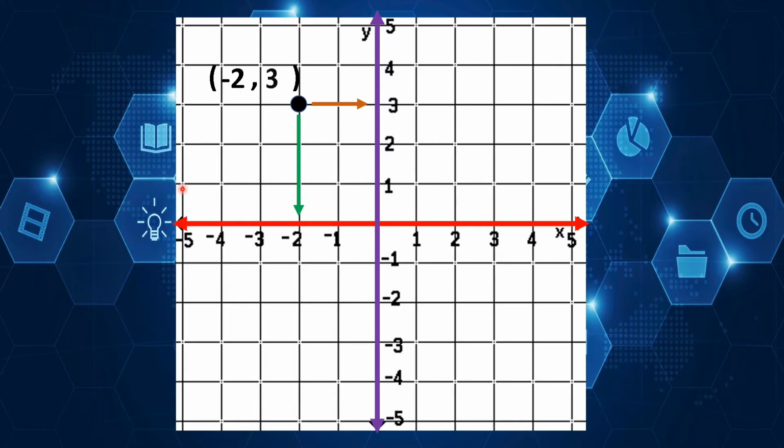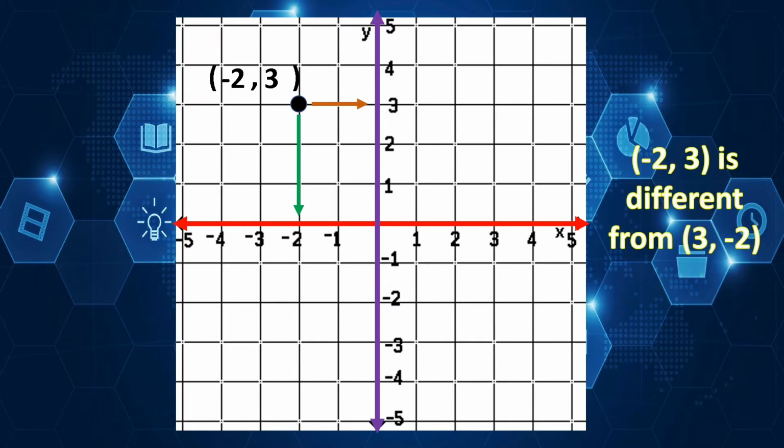Thus, your y-coordinate should be 3. And that's it. This point is located at coordinate -2 and 3. Take note, -2 and 3 is different from 3 and -2.